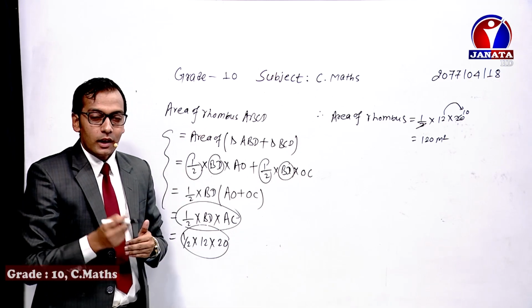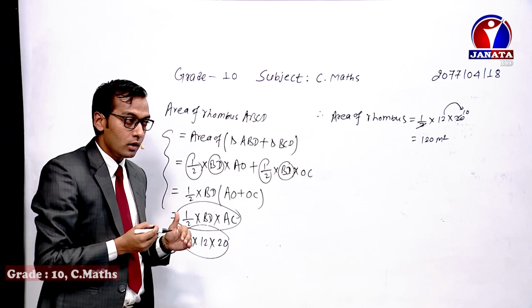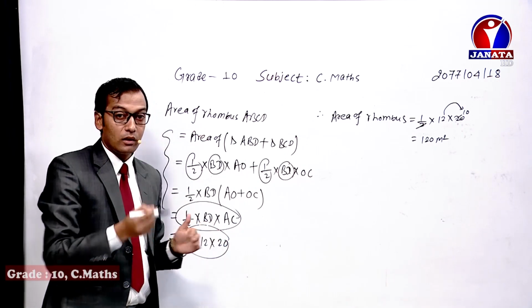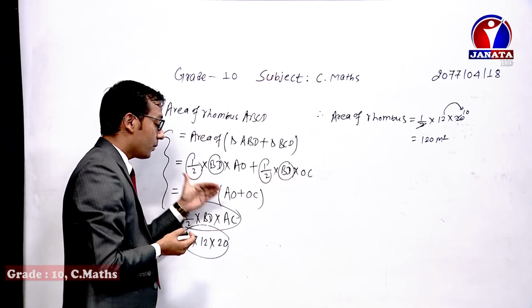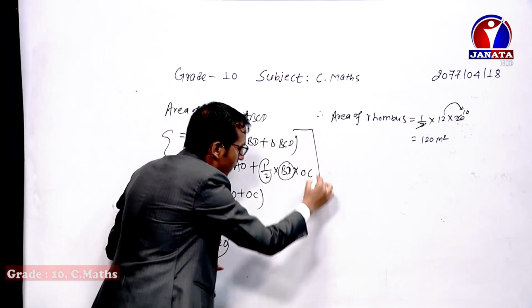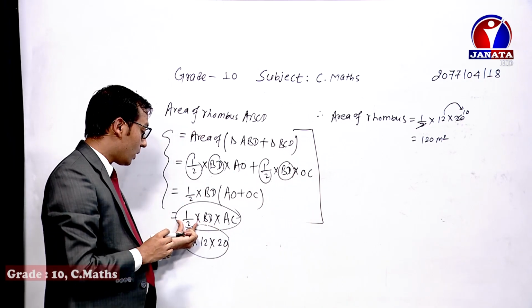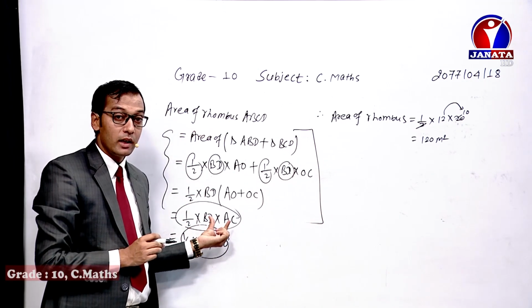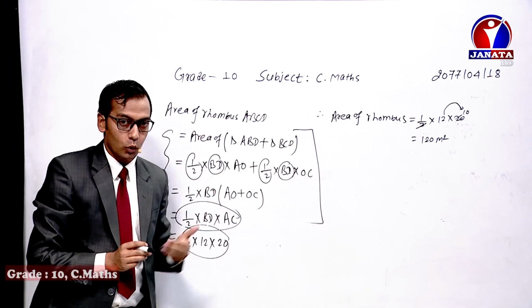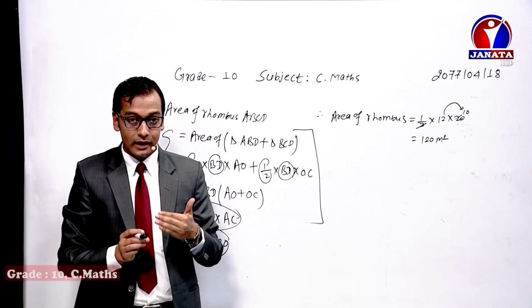So in fact, the area of a rhombus is 1/2 times the product of the two diagonals. This is only for concept. If we memorize the direct formula, we can use 1/2 times BD times AC, or 1/2 times D1 times D2. So this is about question number 2 I discussed here.